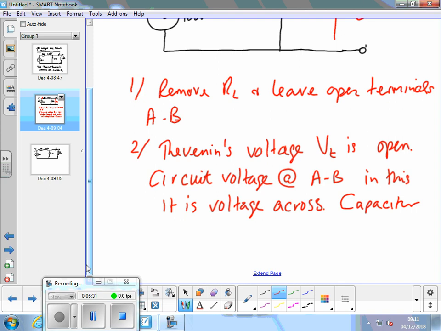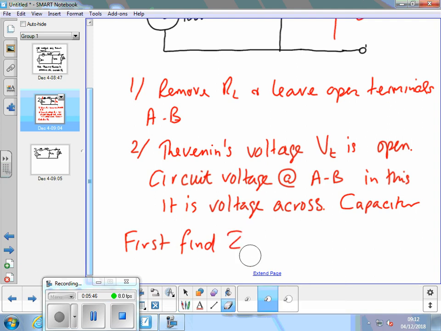Impedance, yeah. Because we've got the two reactive components in there, it must be impedance. So first find ZT, not little Z t, because that's the Thevenin's impedance. We aren't finding that yet.